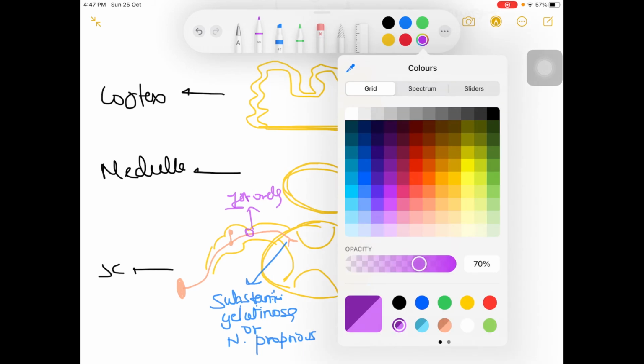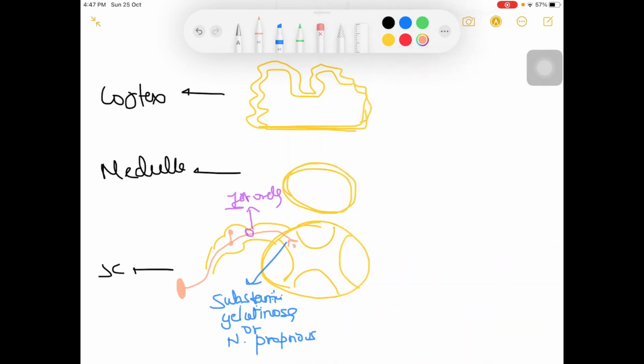Now let's go further. From here it will decussate, cross to the other side, and from its area in the spinal cord move above in the medulla and again thalamus. Now which nucleus? VPL of thalamus.